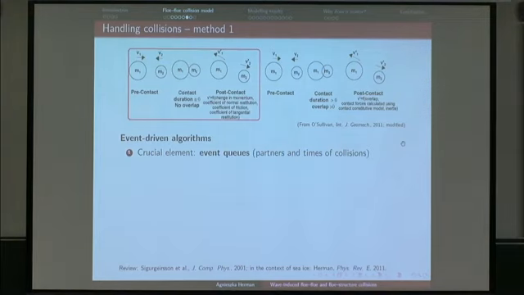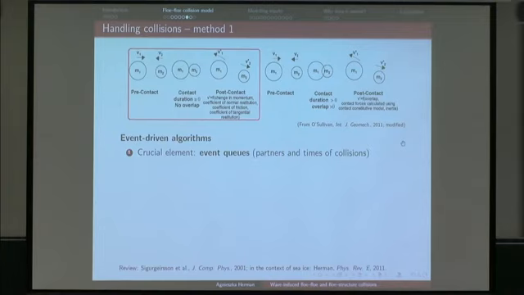And the final thing, this last term in our momentum equations, is how we handle collisions. Again, without going into much detail, basically there are 2 groups of methods to deal with collisions.